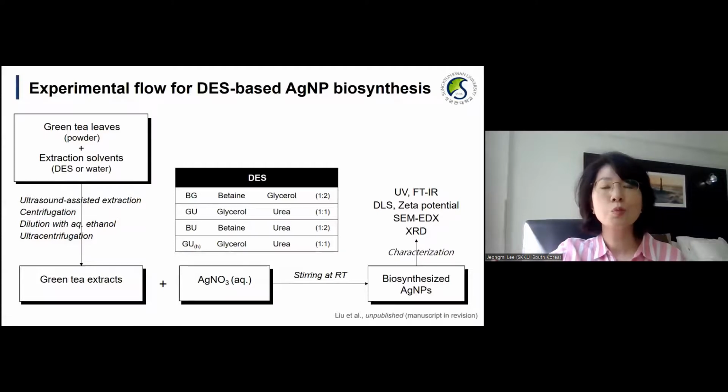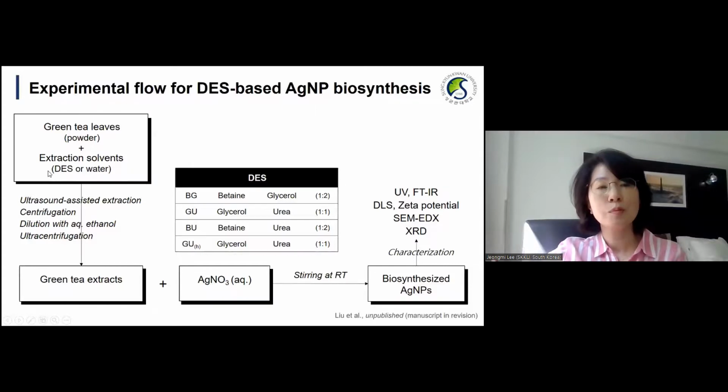So this is what we tried to do in this second study. Here we used green tea leaves as the natural resource to prepare green tea extracts. And to prepare green tea extracts, we used DESs. For reference or comparison, we also used water to prepare different kinds of green tea extracts, or GTEs from now on.